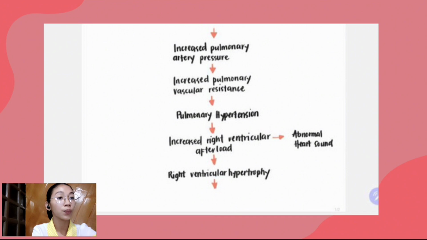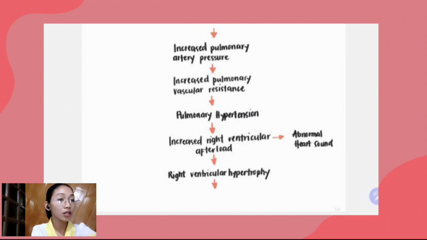the left atrium. So elevated pulmonary vascular resistance leads to pulmonary hypertension, which happens when pulmonary artery pressure is more than 25 mm mercury at rest or more than 30 mm mercury on exertion. This leads to increased right ventricular afterload, which is the amount of pressure that the heart needs to exert to eject the blood during ventricular contraction.